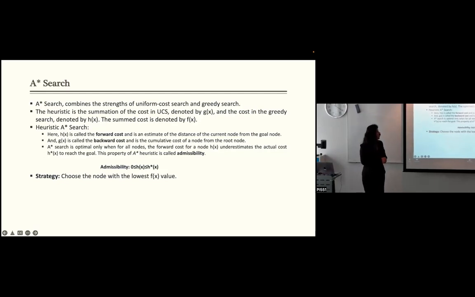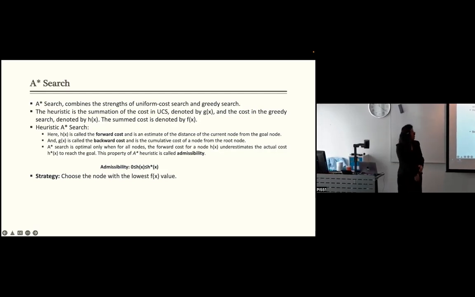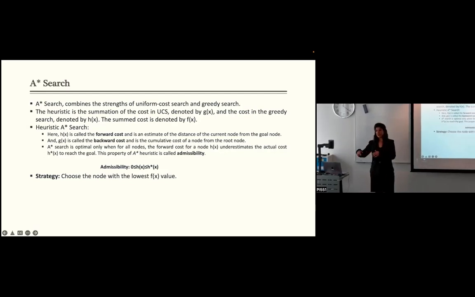In A star search, h(x) is called the forward cost. Obviously, it is the heuristic cost of each node, so it is a forward cost and an estimate of the distance of the current node from the goal node. And g(x) is called the backward cost and is the cumulative cost of a node from the root node to the destination one.